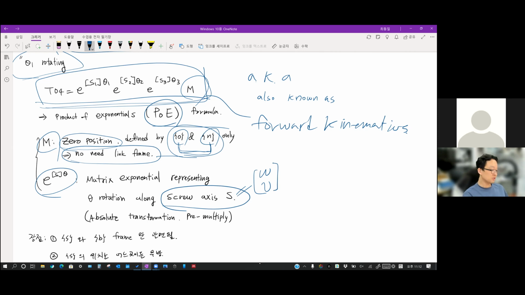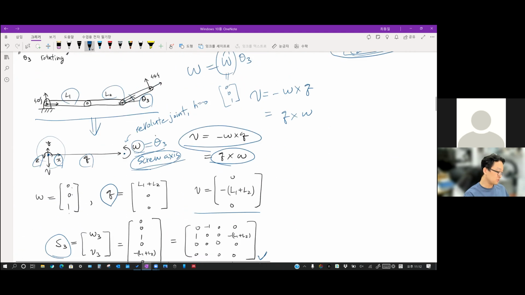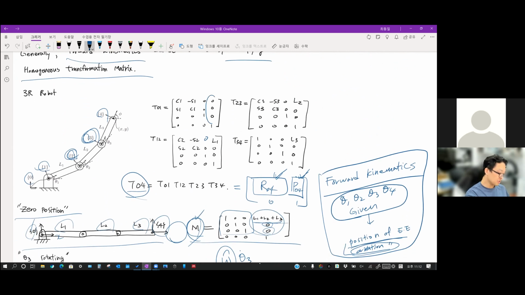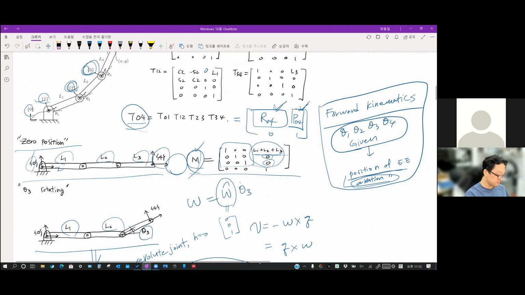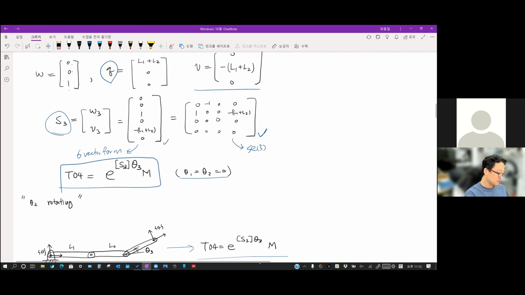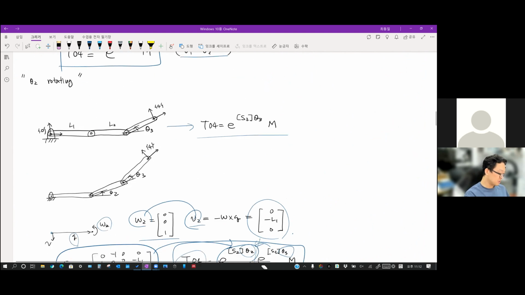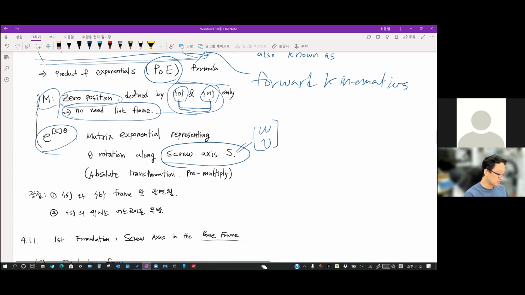So we don't need to know about this kind of matrix calculation. We don't need to know about some positions. The only thing we need is the screw axis information, and this screw axis information can be found from the zero frame to some frame.